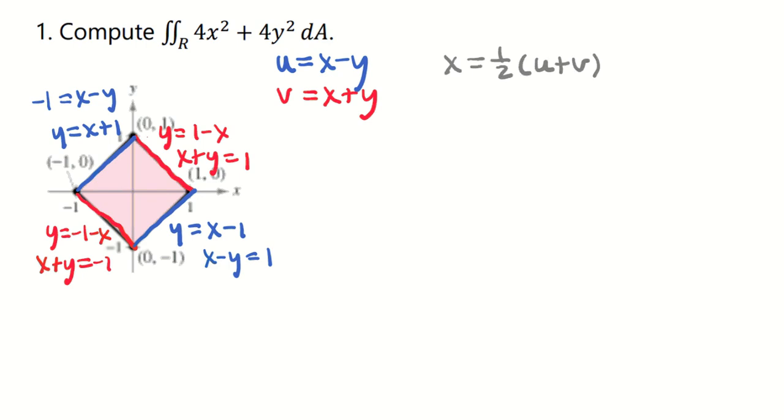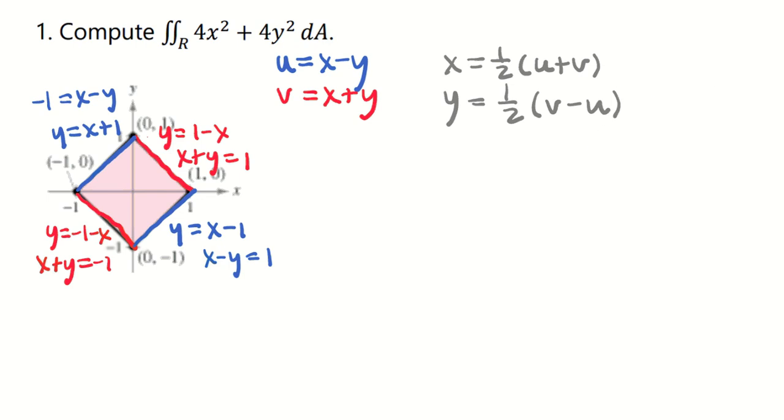I'll do red minus blue, and I'll have v minus u is equal to 2y, so that y is half of v minus u. Right, v minus u, y minus negative y. Okay, feel good about it. I think this is different from how I worked it the previous time I worked this problem, but it'll be all right.